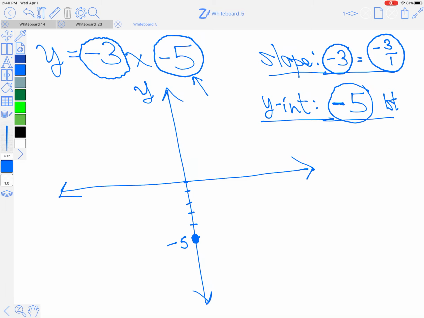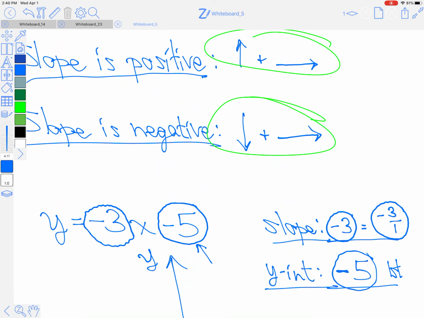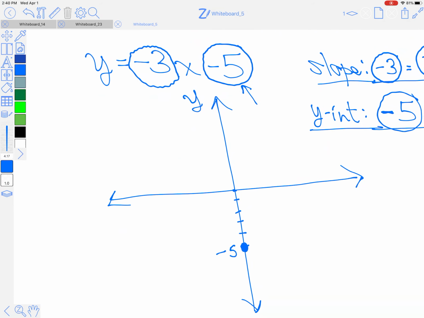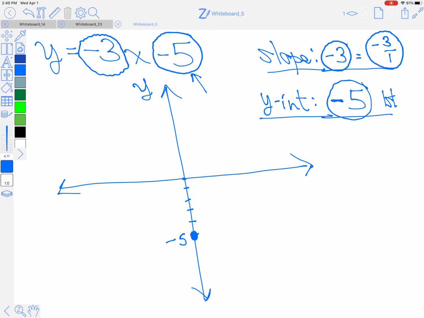Then I use my slope next, and it says negative 3 over 1. And if you remember what we just said, if the slope is negative, I count down and right. So I'm starting at my point of negative 5, and counting down 3. 1, 2, 3, right 1.